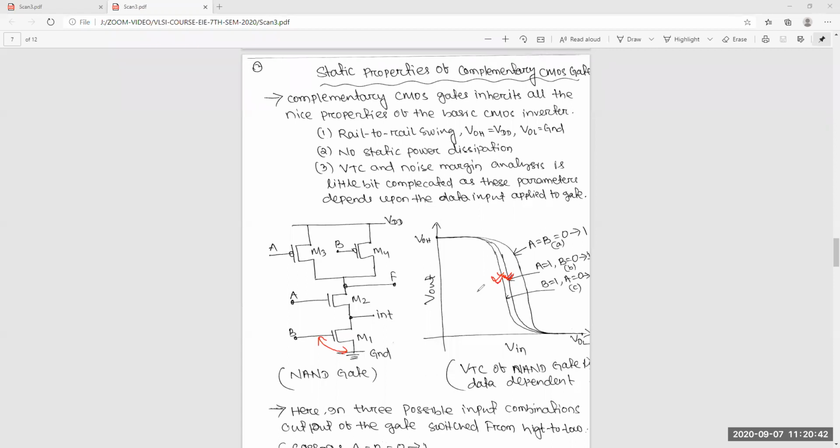This is Vin, this is Vout. So there is no time here. You see the curve, that is Vin versus Vout, so you cannot relate with time here.